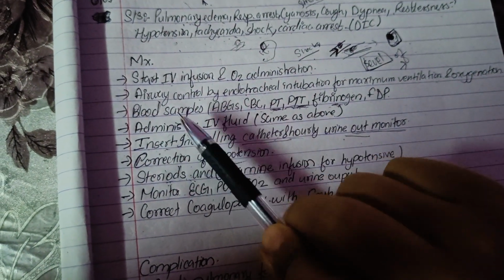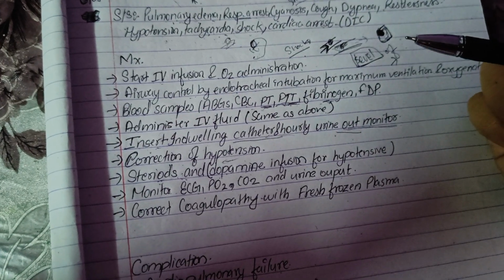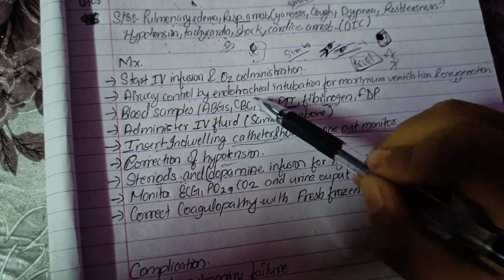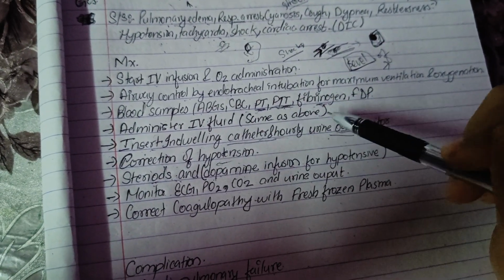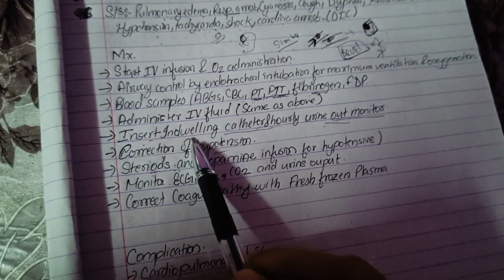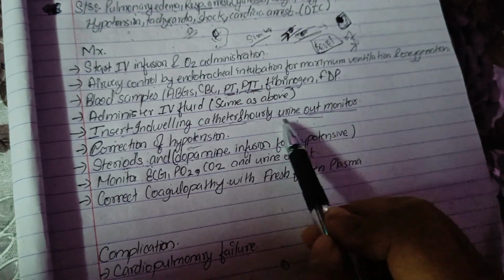We can take blood samples like ABG to assess metabolic acidosis or alkalosis. We can check CBC, and then prothrombin time and partial thromboplastin time, fibrinogen and FDP. We can also place a Foley catheter and monitor the urine output.